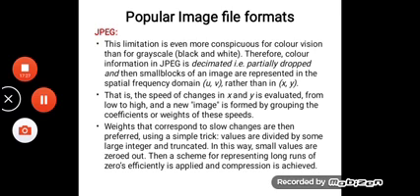That is what is explained here. The weights that correspond to slow changes are then dropped using a simple trick. Values are divided by some large integer and truncated. Say for example the low change area is between 1 and 50.